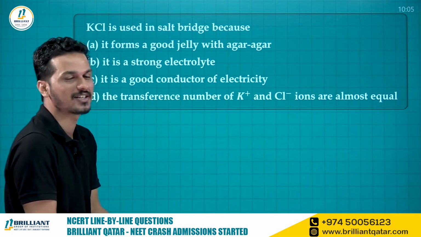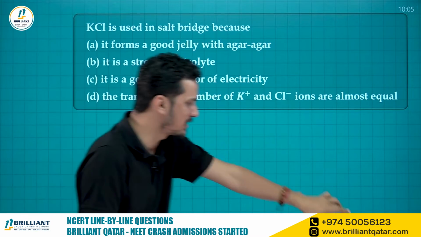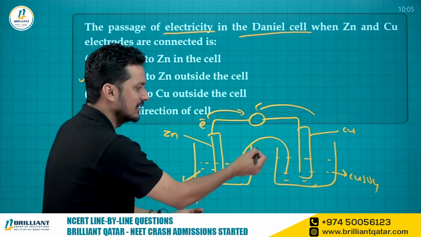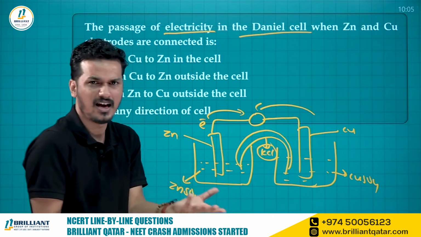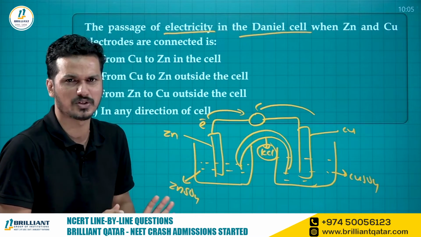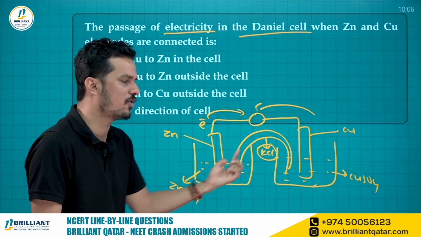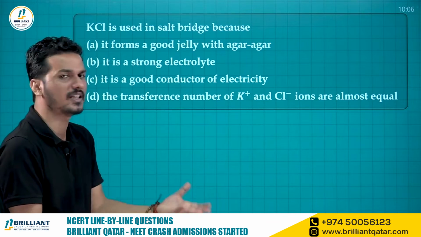This is the next question. What's the question? KCl is used in the salt bridge because, as we already told you, this is the Daniell cell and this is the salt bridge. In this salt bridge we are using KCl, an inert electrolyte, to avoid the accumulation of charge at the anode as well as the cathode.